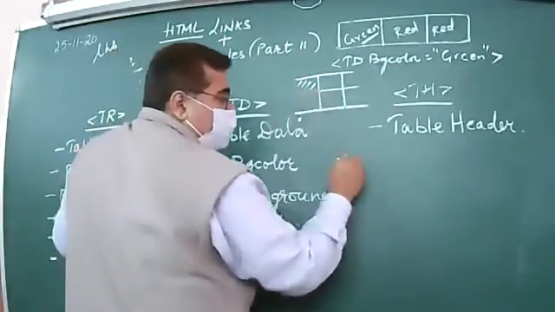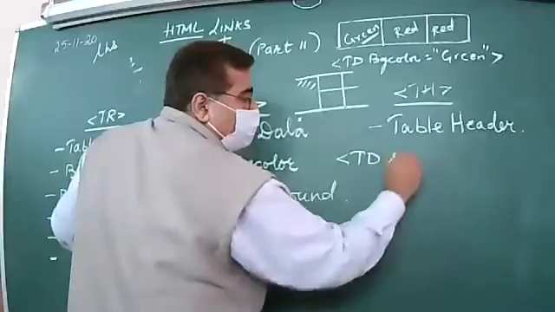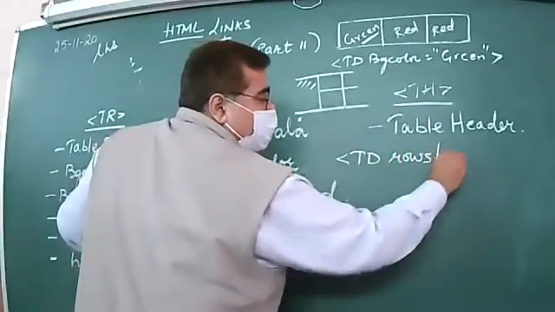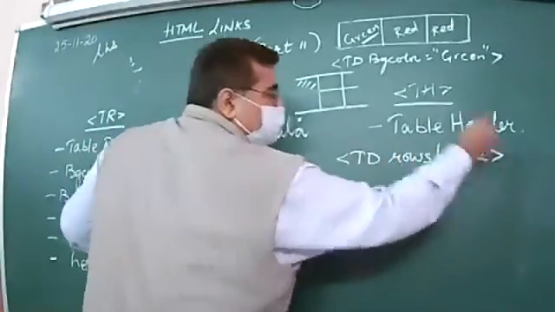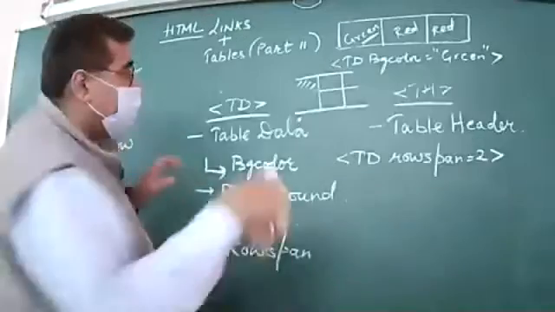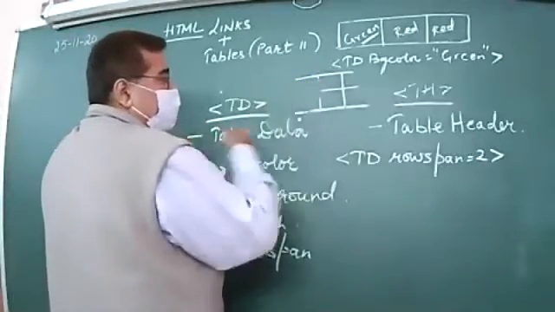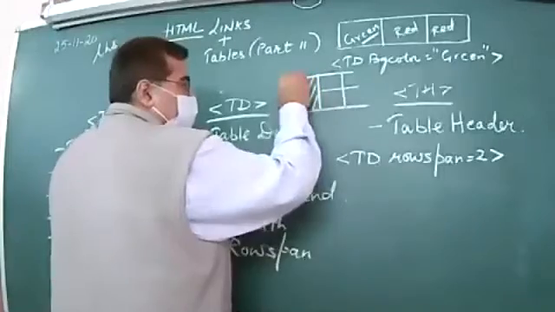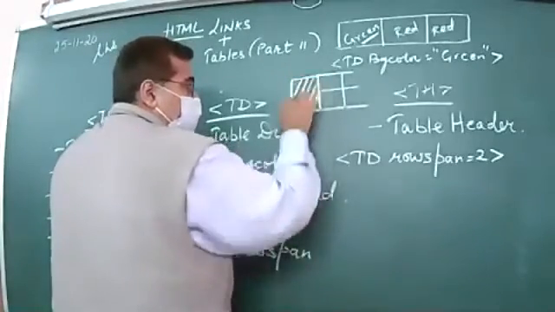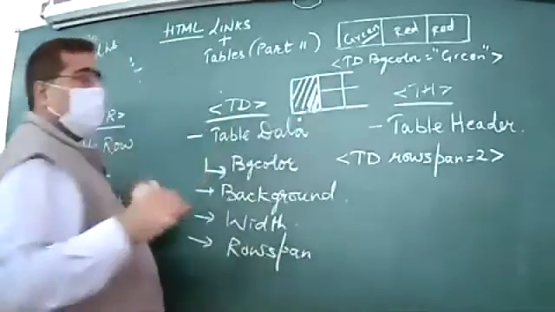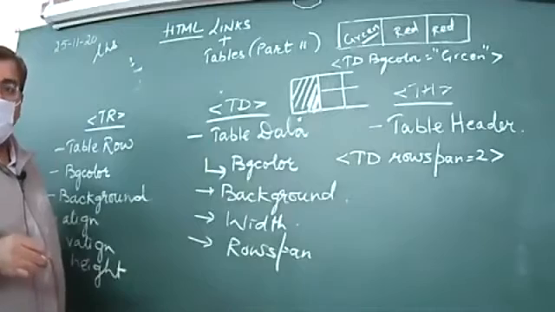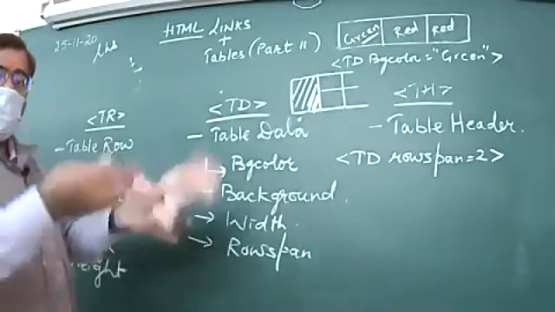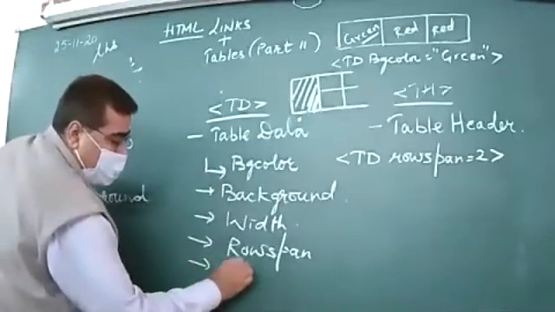So I'll be giving value of row span equal to 2. That means these two cells will get combined and they will become one particular cell. Am I clear?